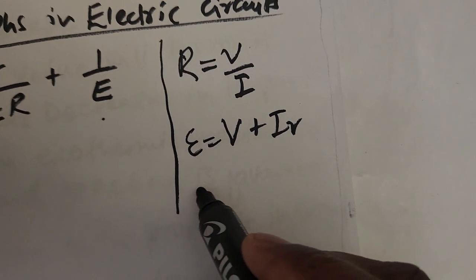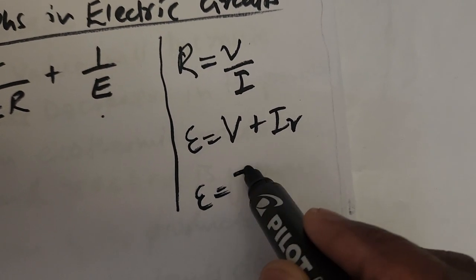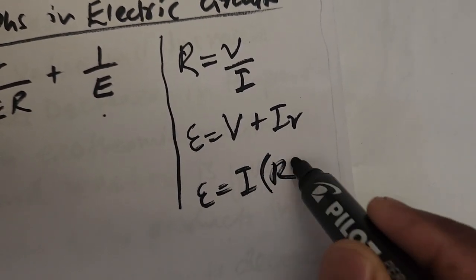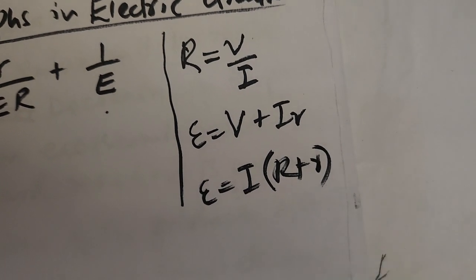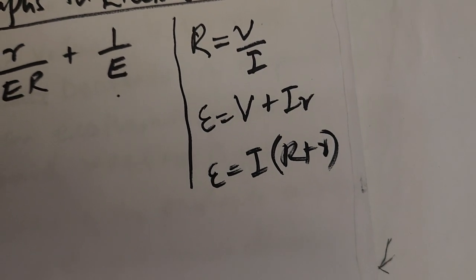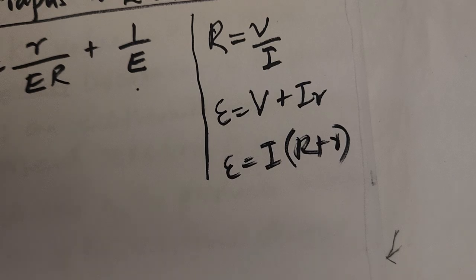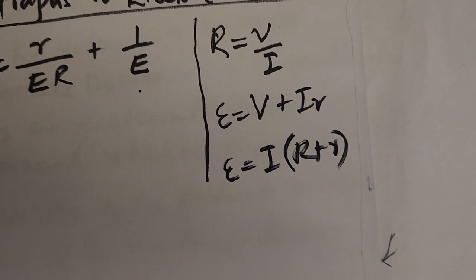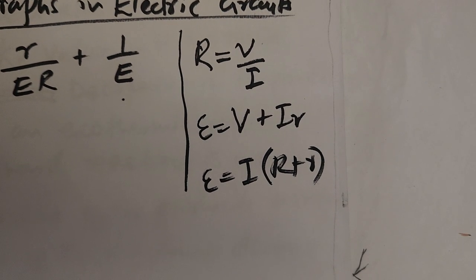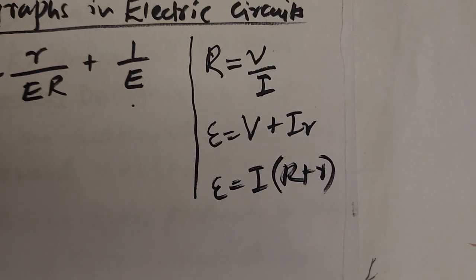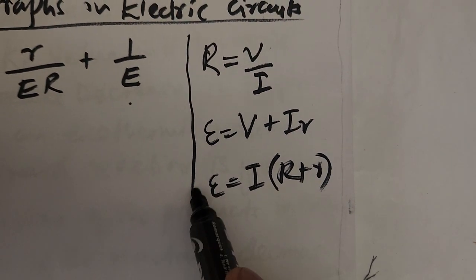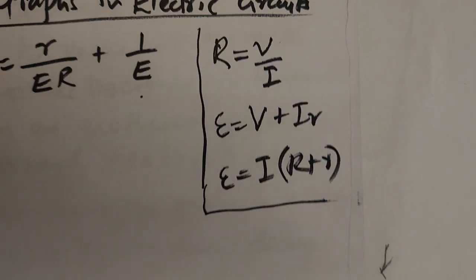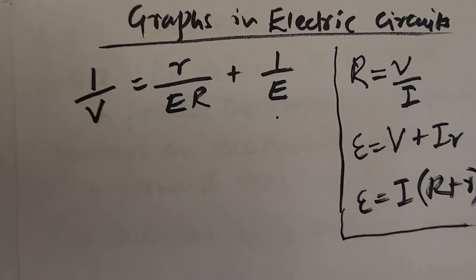And the last one will be the EMF being I into R plus r. Also will have 2 graphs there, which is your 1 over I versus R, or R versus 1 over I. So we will be having these 6 graphs out of these 3 equations. Now this is the 7th one, so be prepared for graphs, grade 12s.